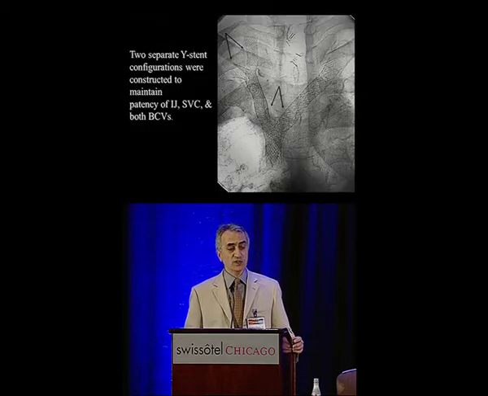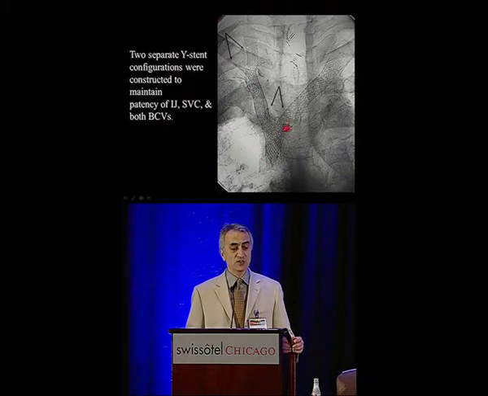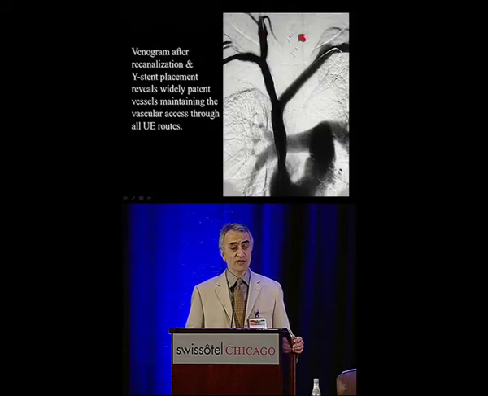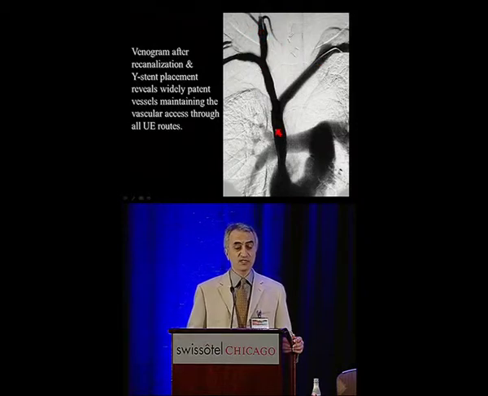The way we treated these patients in the 2000s or so is by creation of these fenestrated stents. So both at this location and this location, these stents are fenestrated. And so the result is that you have access from both jugulars and both subclavians, and SVC is patent.